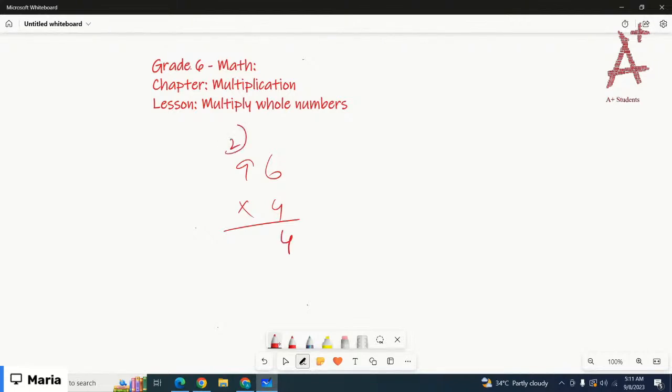Write 4 over here and carry 2. 4 times 9 is 36 and 2 is 38. Very good. It is 384. The correct option is 384.